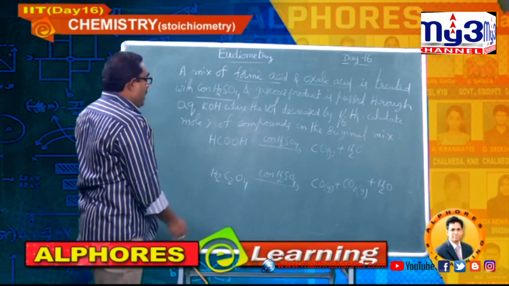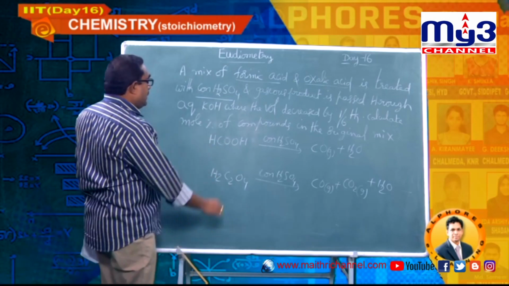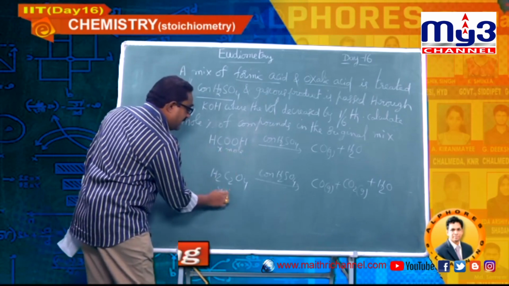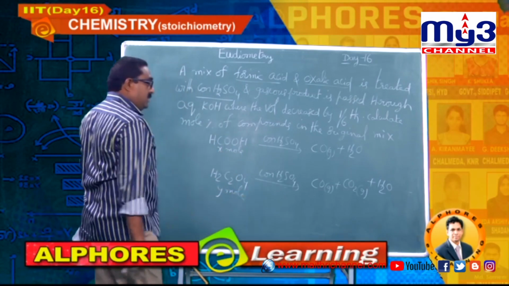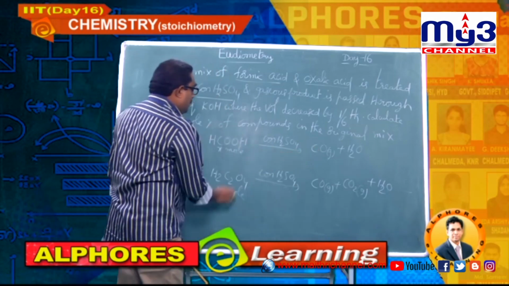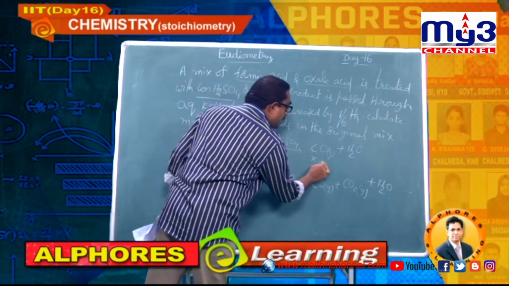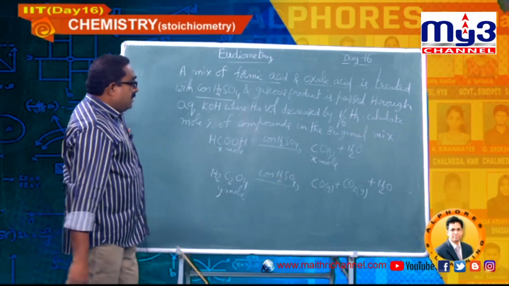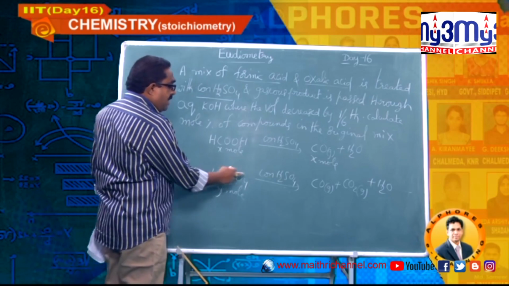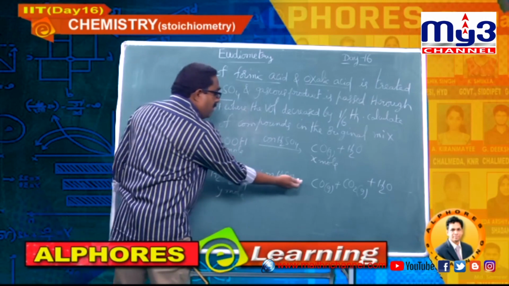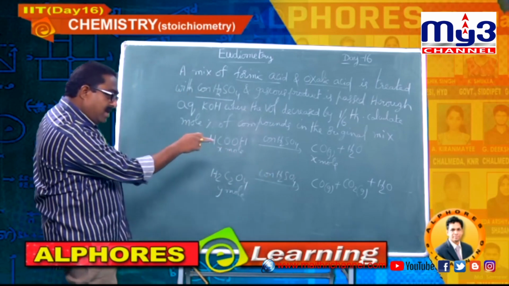We don't know how much of this and how much of this. Let me consider this as X mole and this as Y mole. As per the balanced equation, 1 mole gives 1 mole. So X moles gives X moles of carbon monoxide. Now 1 mole of oxalic acid on dehydrating with concentrated sulfuric acid gives 1 mole of monoxide and 1 mole of dioxide.